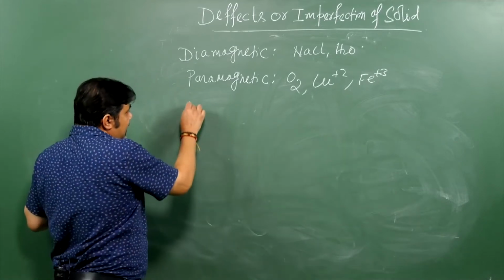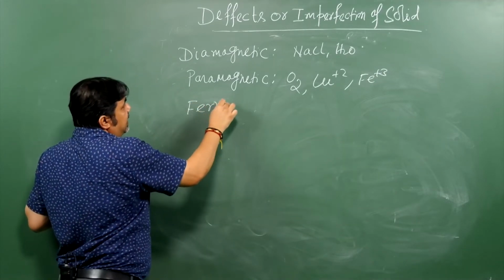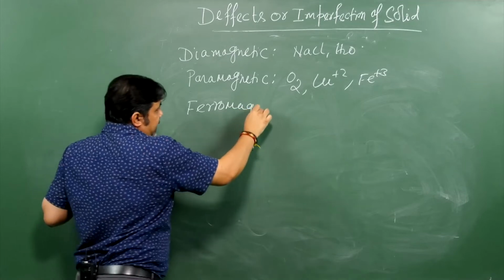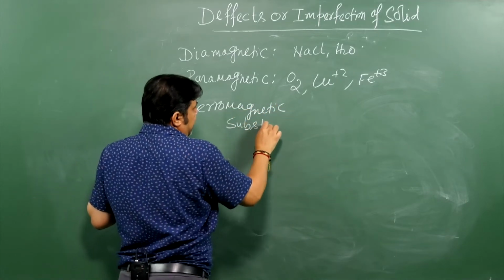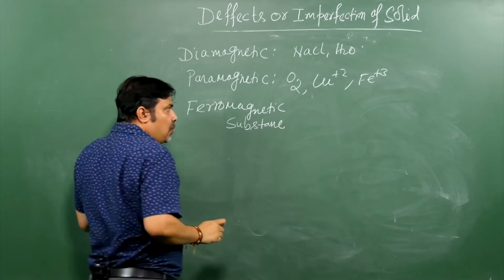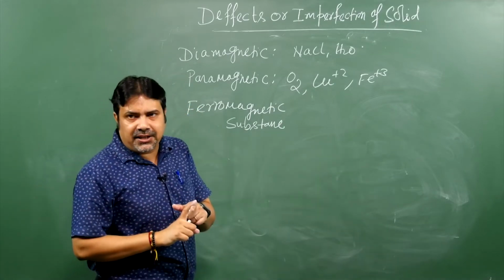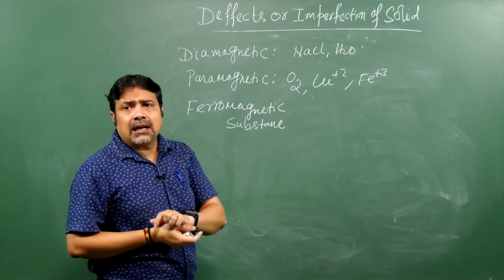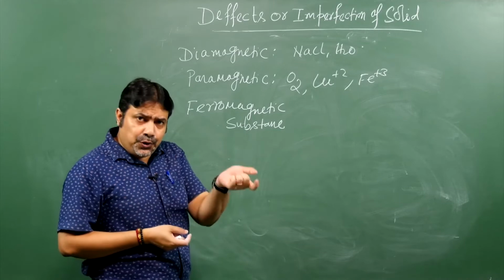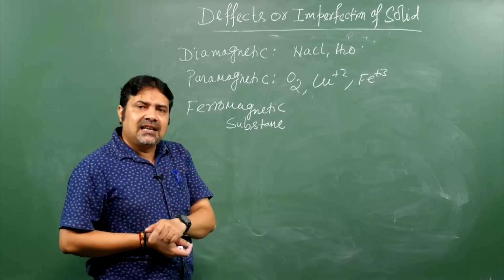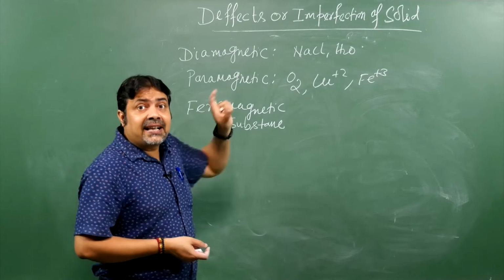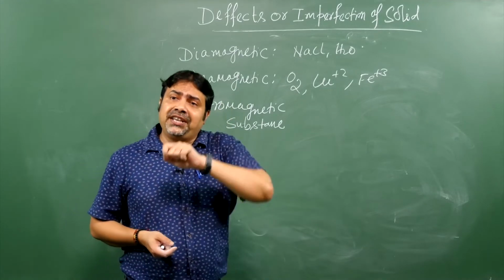Then, rather than that, there is a ferromagnetic substance. A ferromagnetic substance has small magnetic domains or small regions. When you apply the external magnetic field, they will orient along the external magnetic field. If you remove the external magnetic field, that orientation will still be present. This ferromagnetic substance can be magnetized permanently very easily.